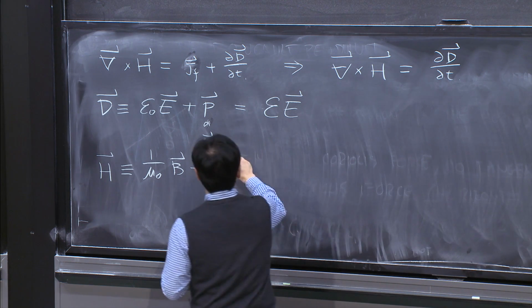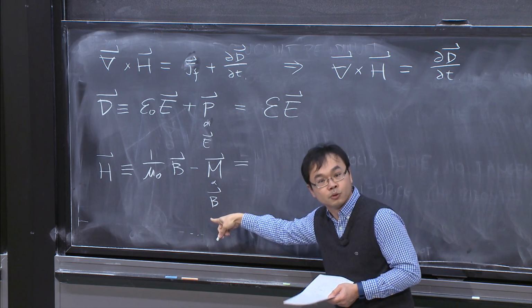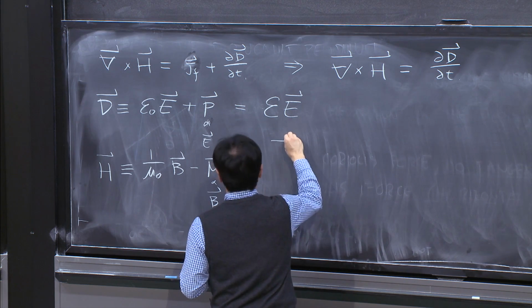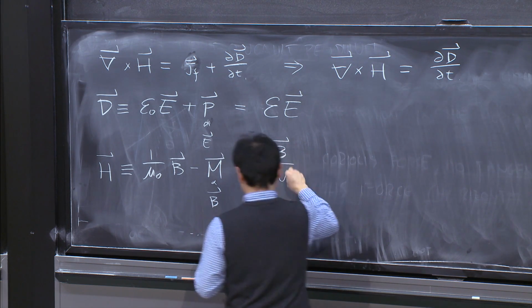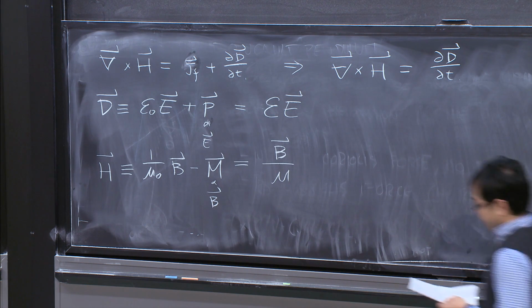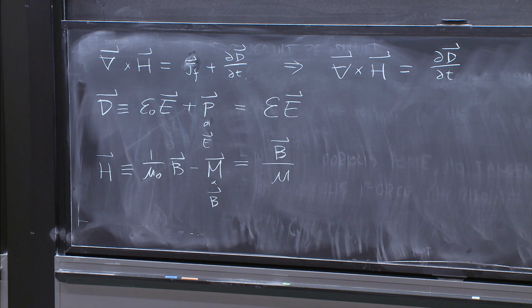Therefore, since the M field is also proportional to the B field in this linear material, I can rewrite H as equal to B divided by mu. What are epsilon and mu? Epsilon is the permittivity inside the material.